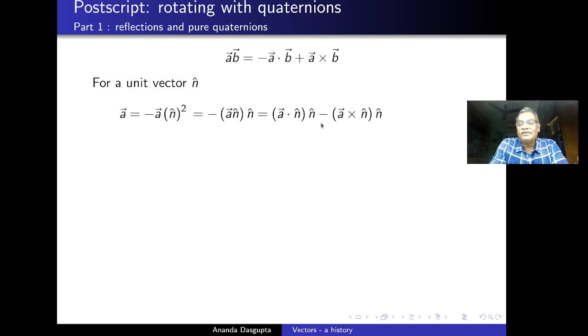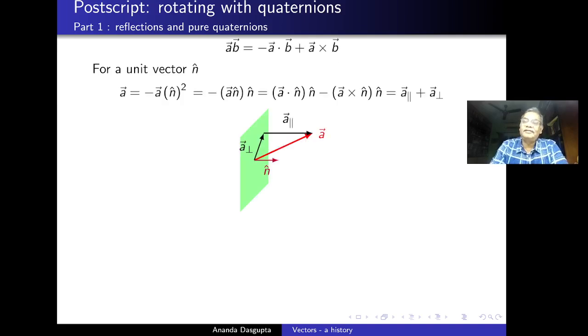If you are familiar with the geometry of the scalar product, you would know that A vector dot n hat is nothing but the projection of the vector A in the direction of the unit vector n hat. And when you multiply that by n hat, you just get the component of A parallel to n hat. So this other part, the rest of it, must be the component of A perpendicular to n hat.